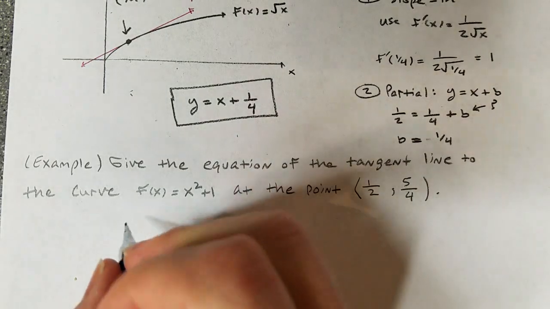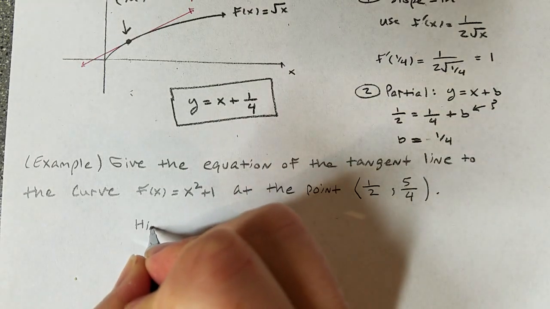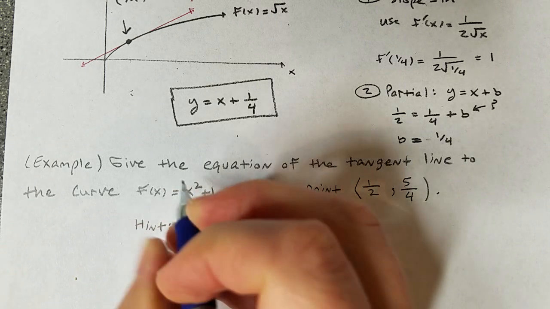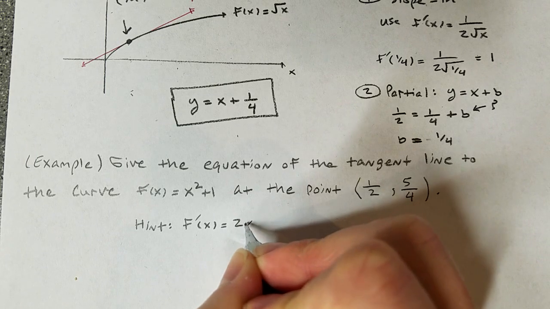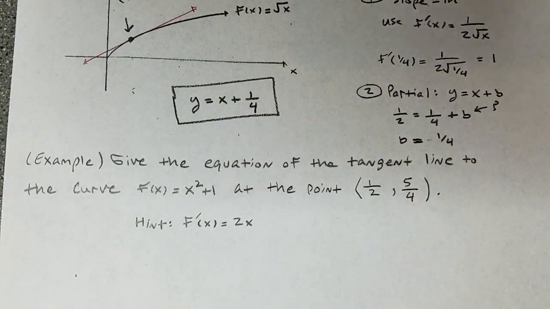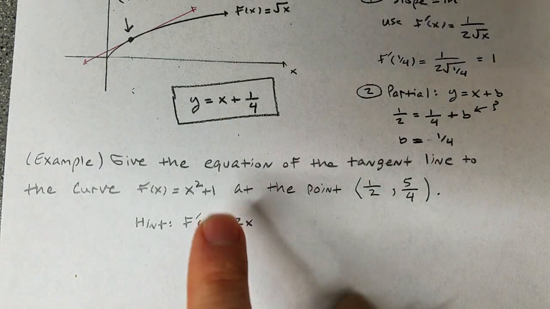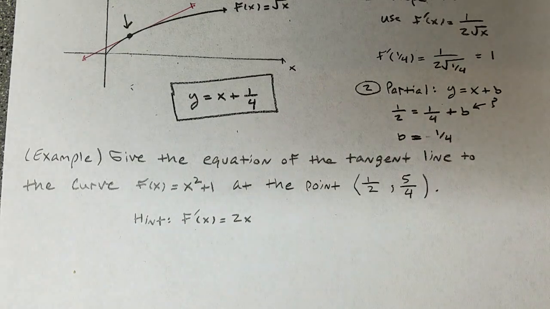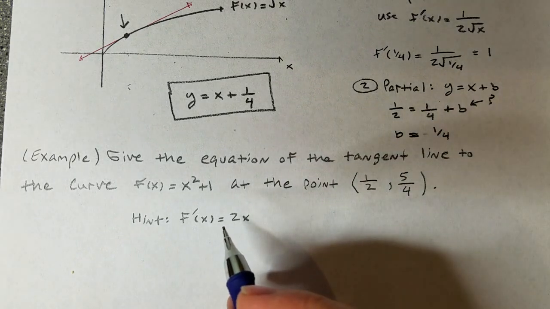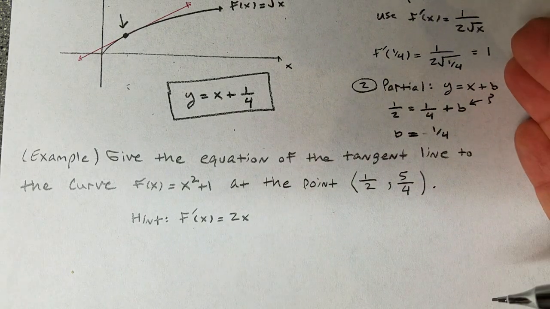Now, I need to give you a hint. I need to tell you what the derivative is. It's 2x, all right? F prime is 2x. Remember, we're not going to worry about where you find that yet. We'll worry about that later.